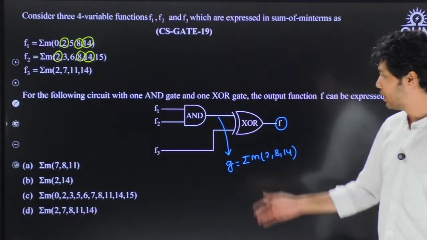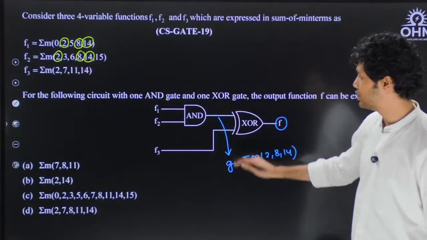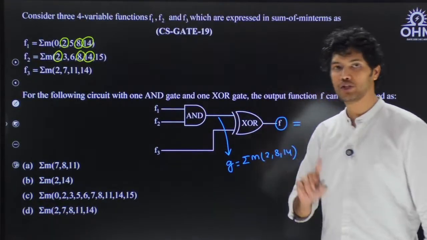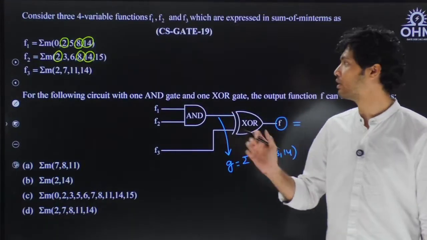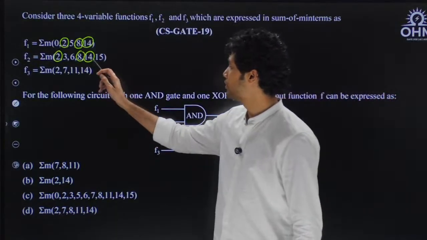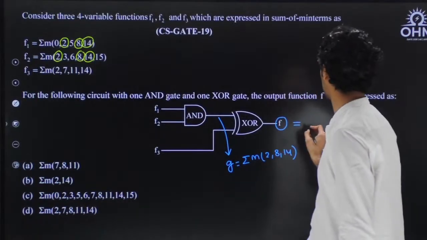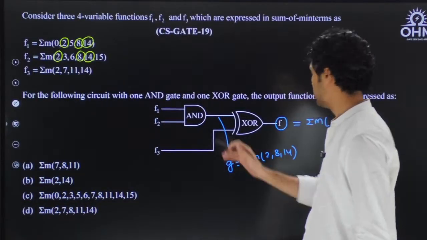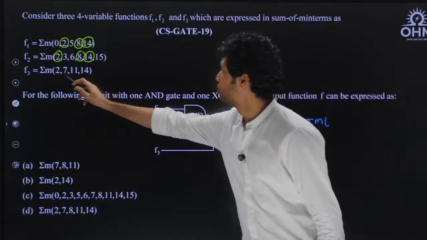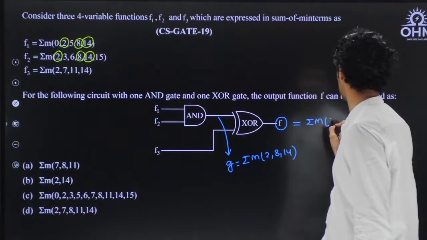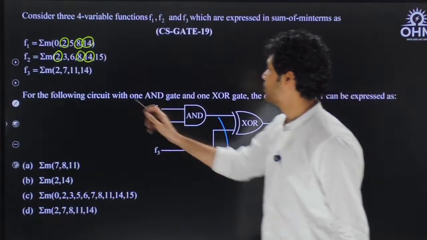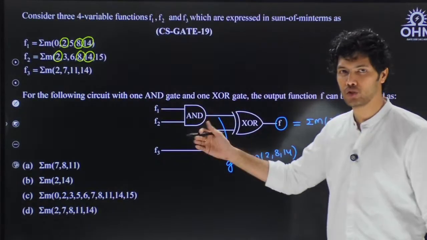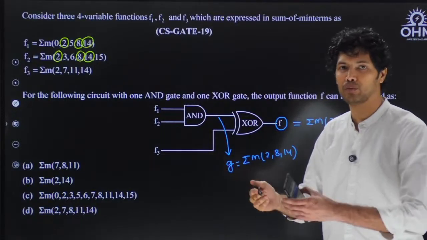Okay. Now you are supposed to XOR that result G with F3. So what is the answer for F? That is union minus intersection. When you take the union of F3 as well as G, what do we get? We get sigma minterms, union, first union. We'll go in increasing order. 2 as well as 2. So 2, we have 7 here, so I'm taking 7. Even if the number is present in one list, you are simply merging both the lists.